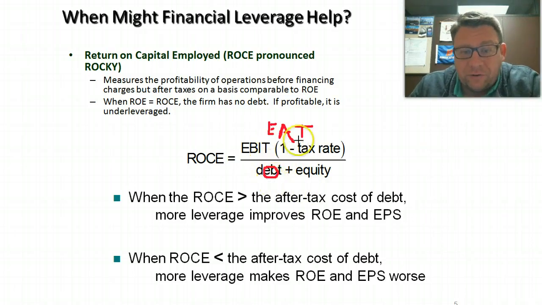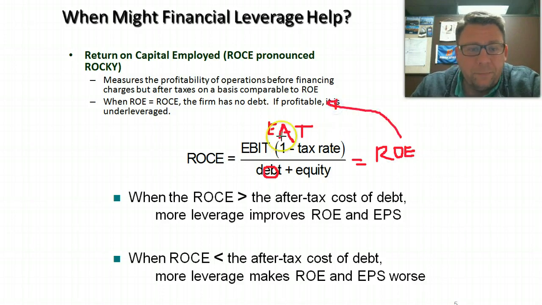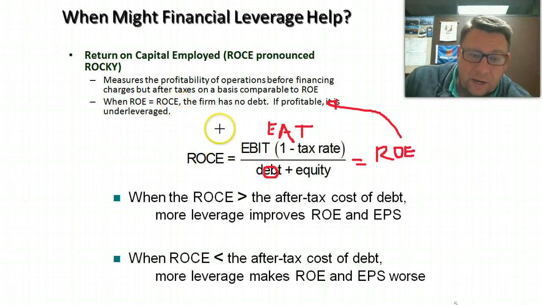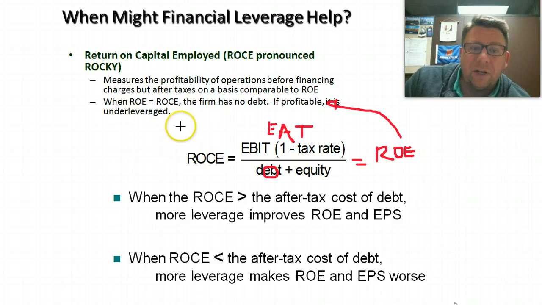So earnings after tax divided by equity is the formula for ROE. So that's sort of the mathematical proof of what I've said here, that ROE and ROCE are the same when the firm has no debt. But again, that means it's probably under leveraged.